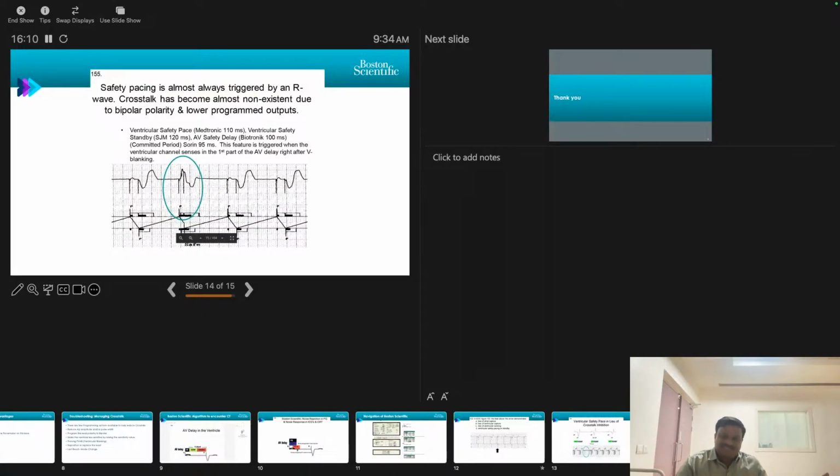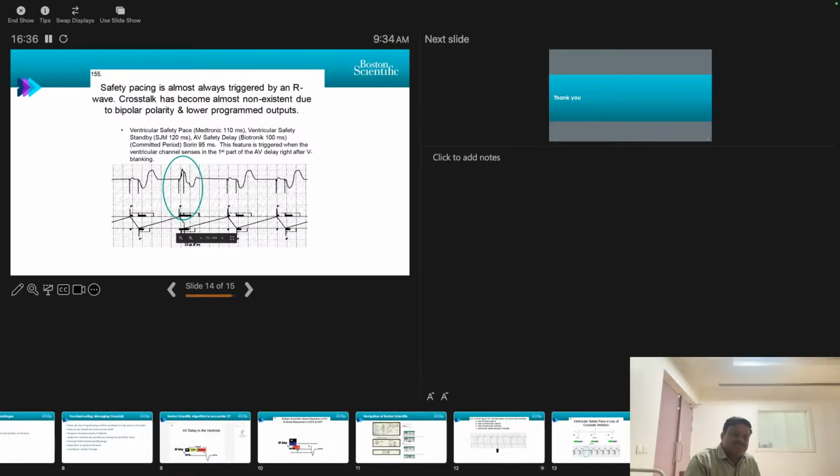This feature is triggered when the ventricular channel senses in the first part of the AV delay, right after the ventricular blanking period. These numbers are very essential when you are troubleshooting, particularly when the EGM was stored with an atrial pacing followed by a loss. This is one tip we can use.